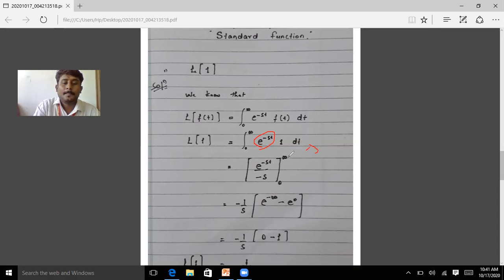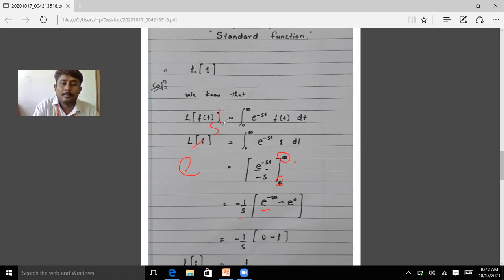The s is a constant, so it remains outside. The constant minus 1 divided by s stays as it is, and we apply the limits: upper limit minus lower limit.